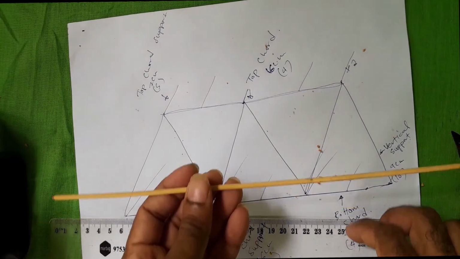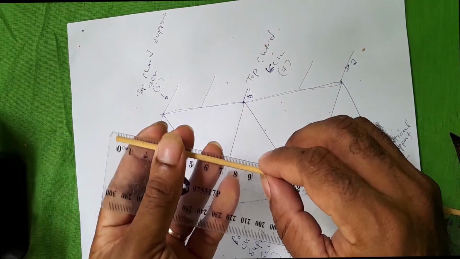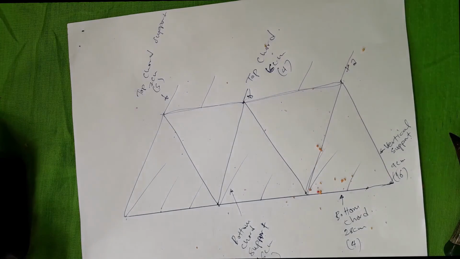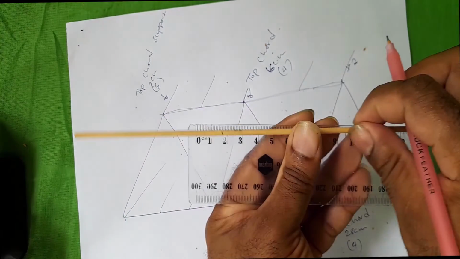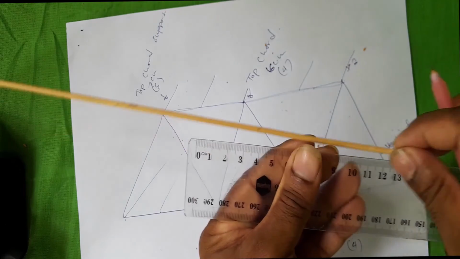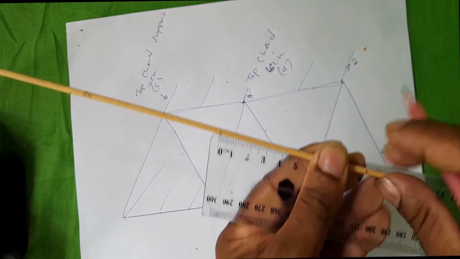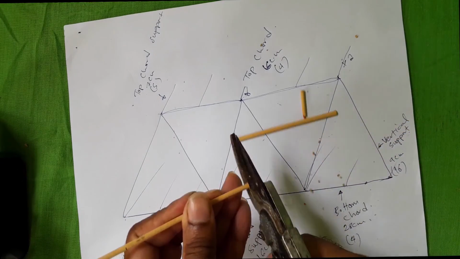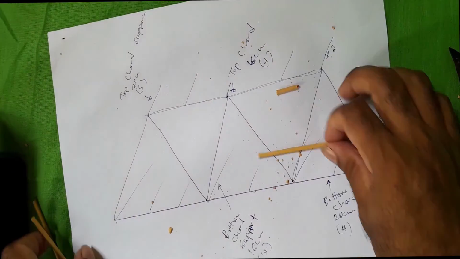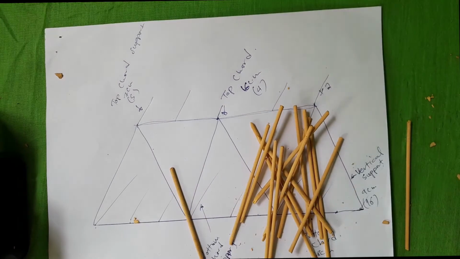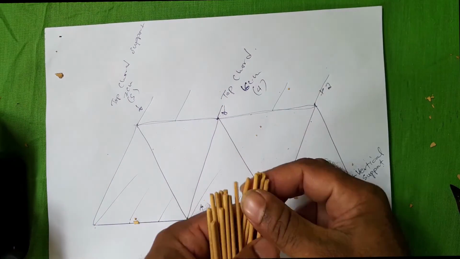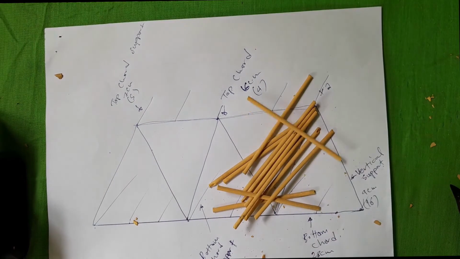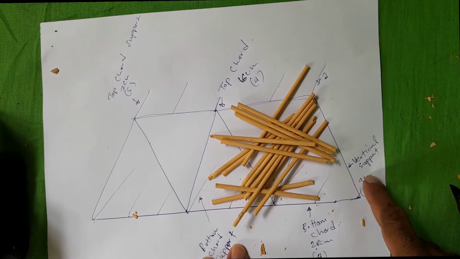And then we cut the vertical support, which is 9 centimeters in length, and we need 6 pieces of stick to build the vertical support. We need 16 pieces, not 6, but we need 16.